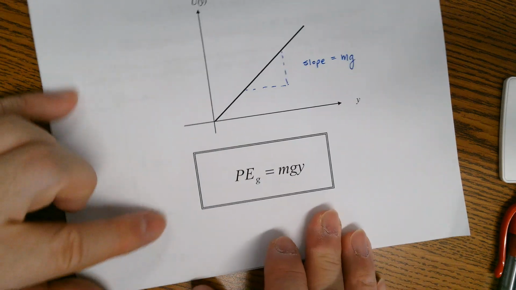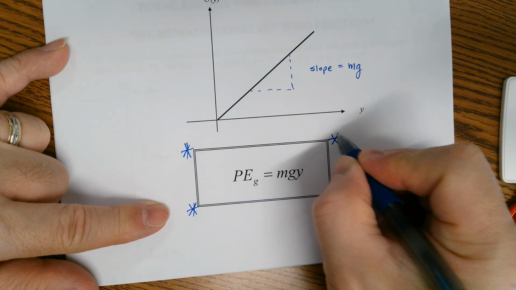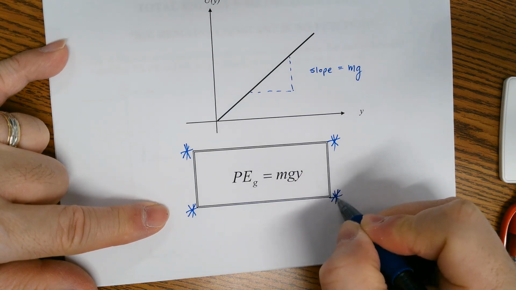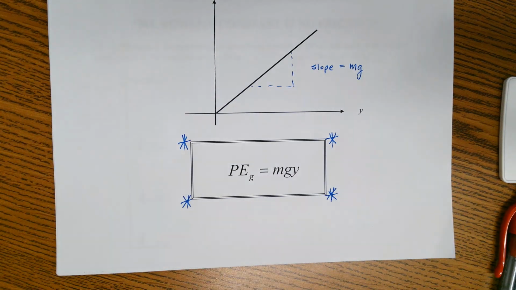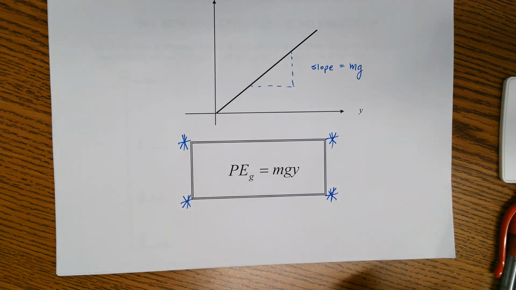So potential energy of gravitation is simply mgy. Now we could have potential energy of gravitation at any location, but where do you set your zero? Do you set your zero at the floor of 281, or at the floor of the first floor? Or you could set it at the top of the roof if you want to.